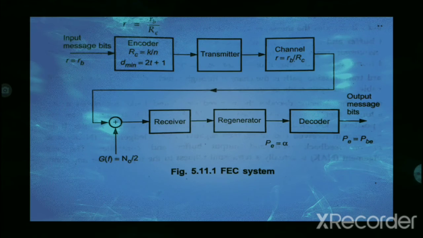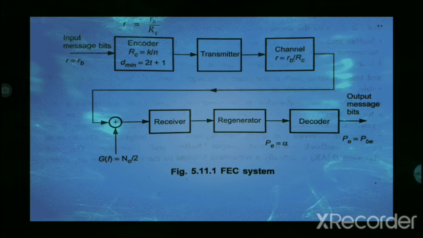Figure shows forward error control system. It consists of blocks: input message bits, encoder with RC equal to K divided by N, dmin equal to 2T plus 1, transmitter, channel with R equal to RB divided by RC, which will be given to the summer with GF equal to N0 by 2, receiver, regenerator, decoder, output message bits.